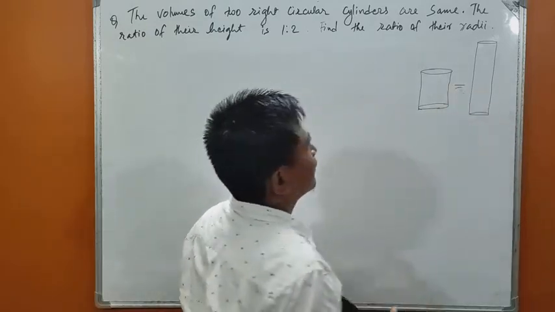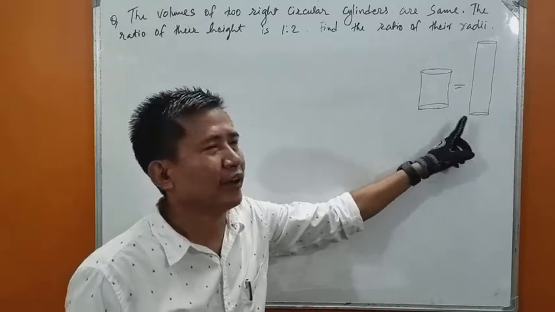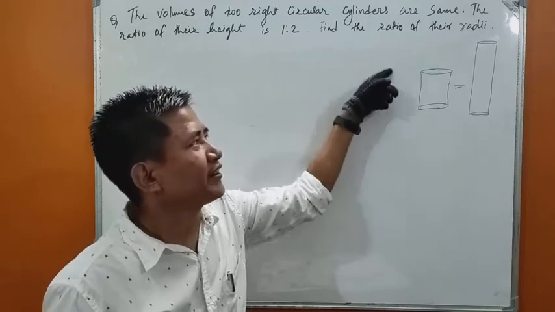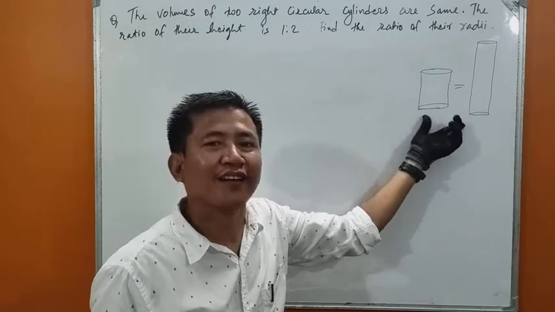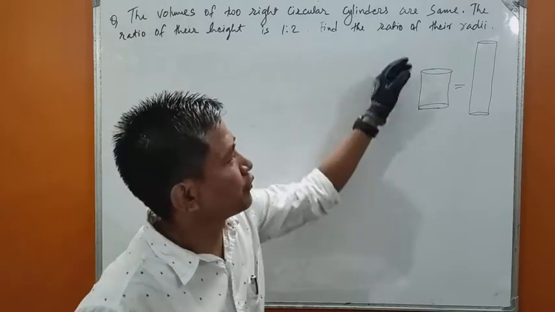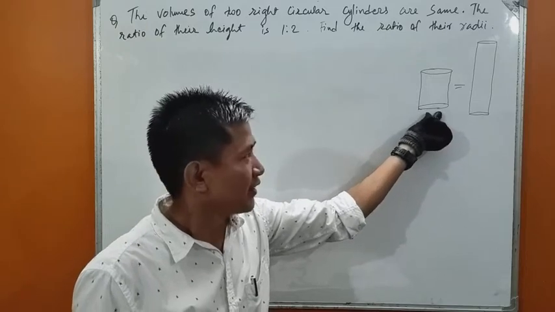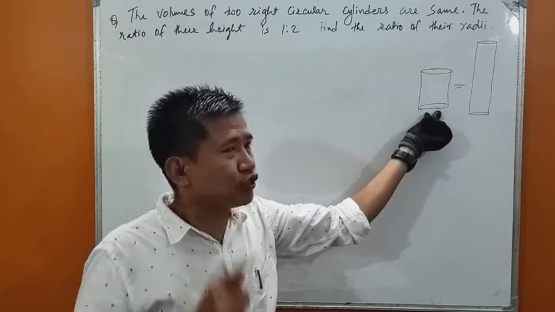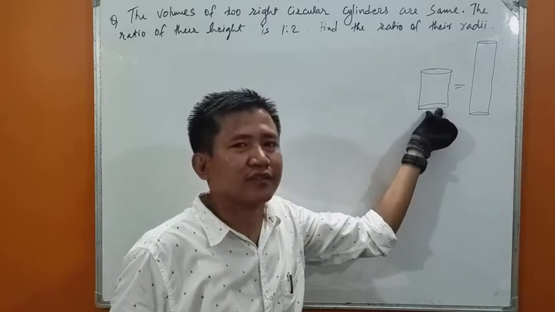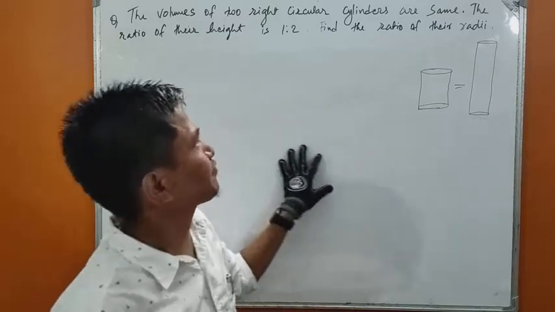Though their cross-sectional areas are different and heights are different, their volumes are equal. Now we are asked to find the ratio of their radii: the radius of the cross section of this cylinder to the radius of the cross section of this cylinder.